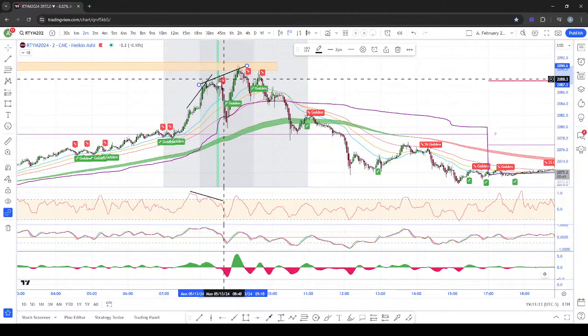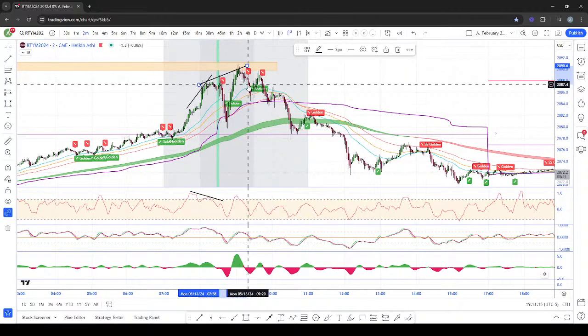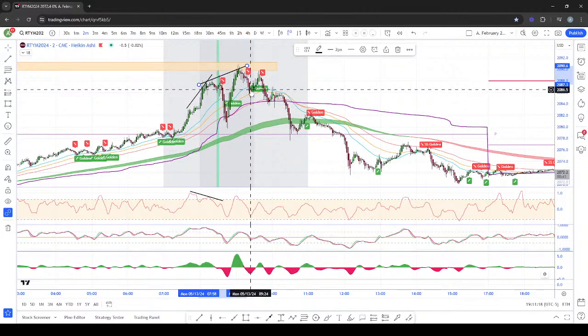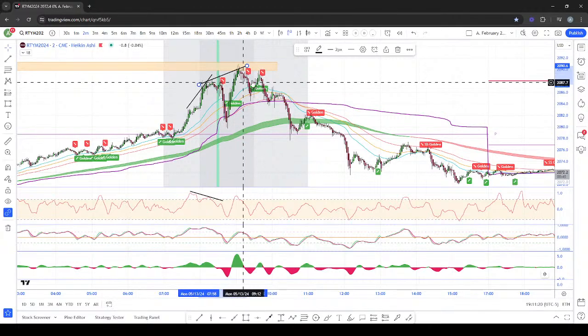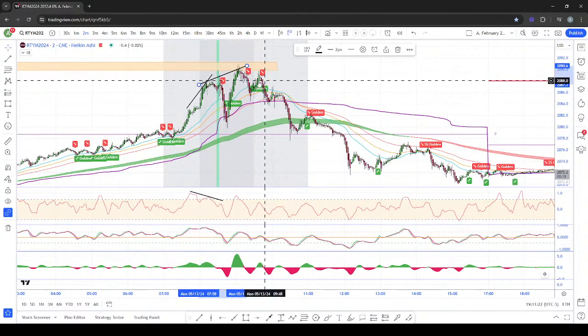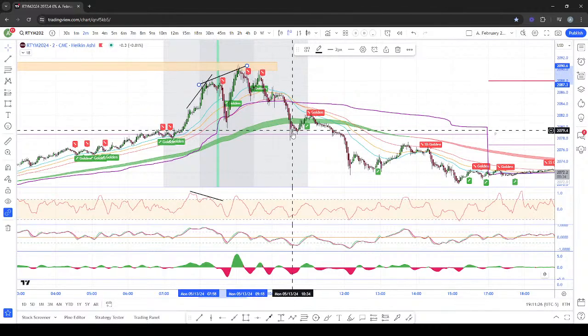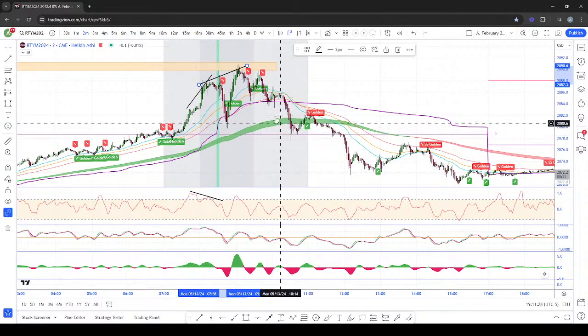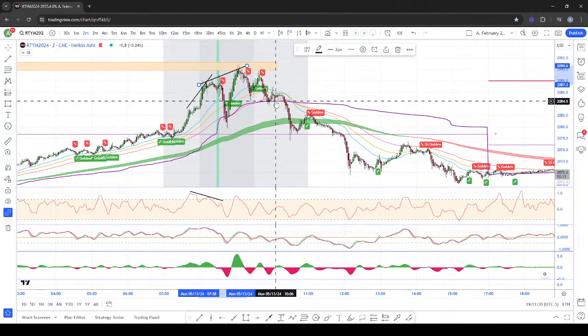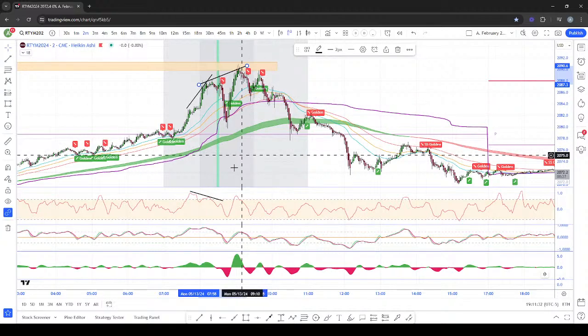Okay, and the double peak divergences many times turn out to be a head and shoulders. Because you will get a nice little pullback up here, and then price can go down further after a head and shoulders pattern, as you see here.